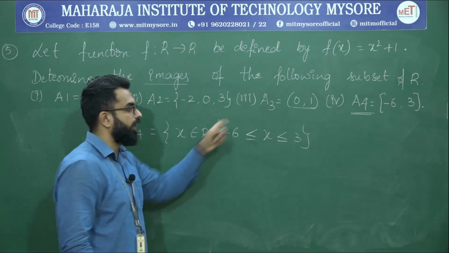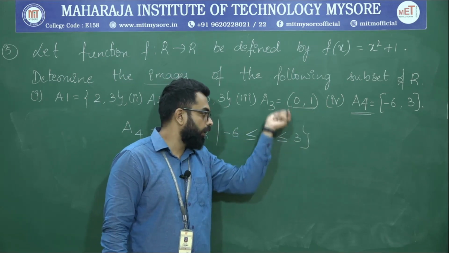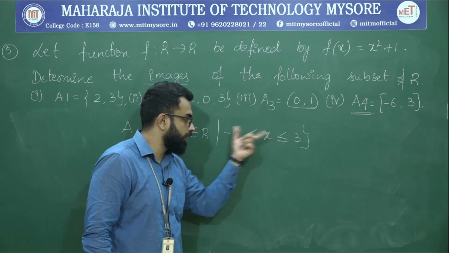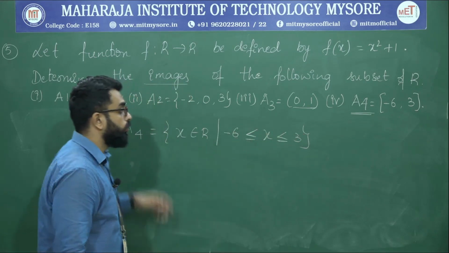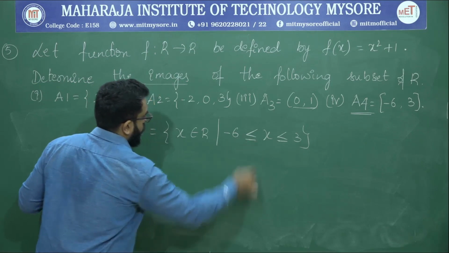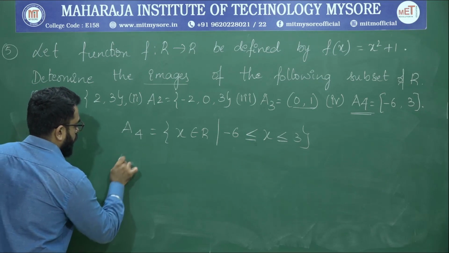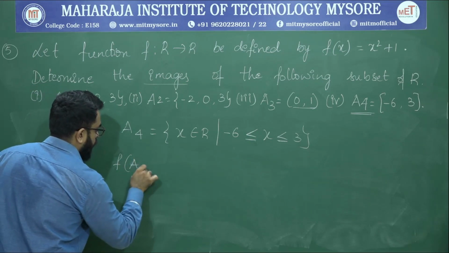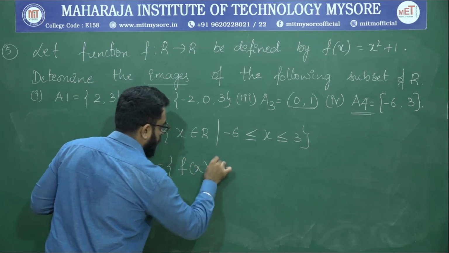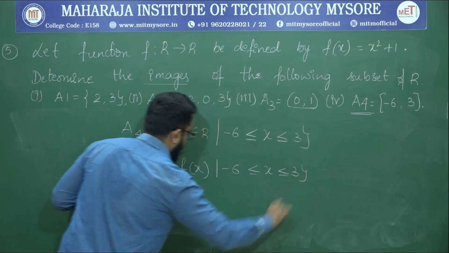The only difference between A3 and A4 is that here it excludes 0 and 1, and all other possible values x can take, but here x can take values including minus 6 and 3. It includes less than or equal to. So this is the only difference here. Then how do I write that? f of A4 is equal to f of x, where x is between minus 6 and 3.